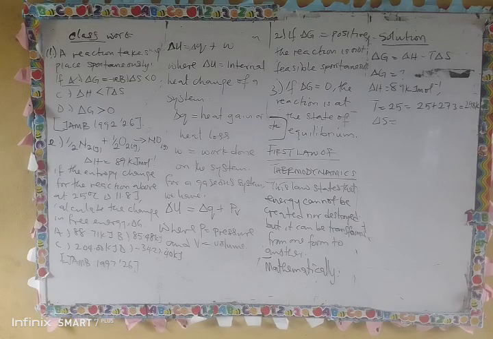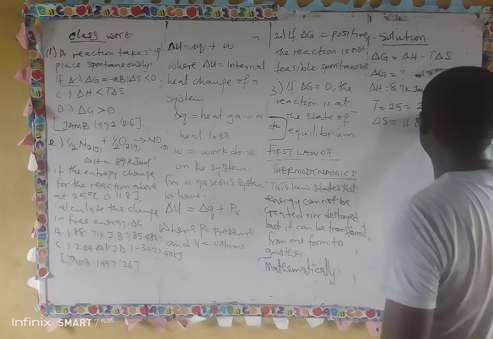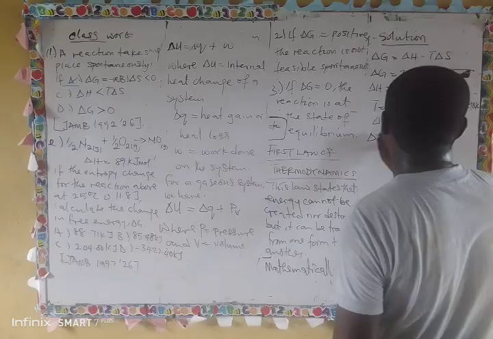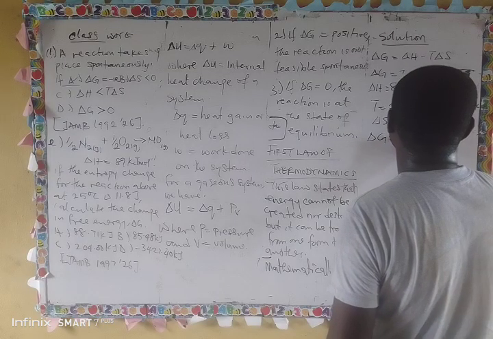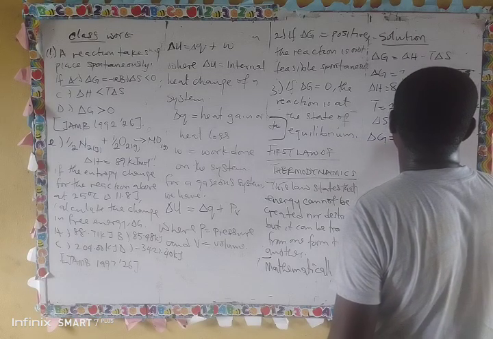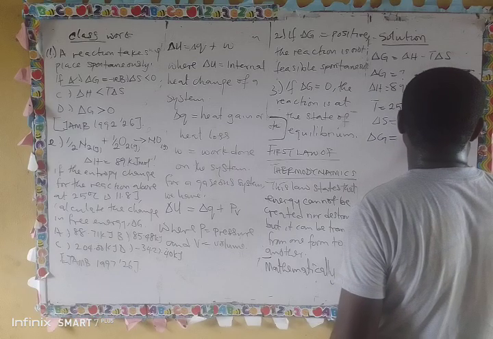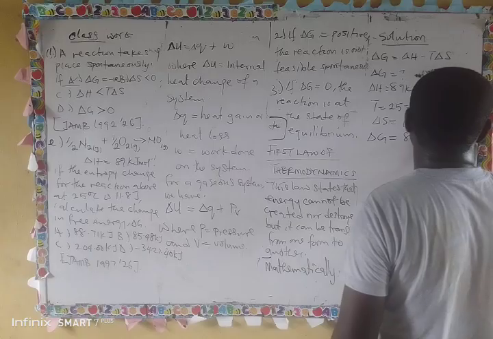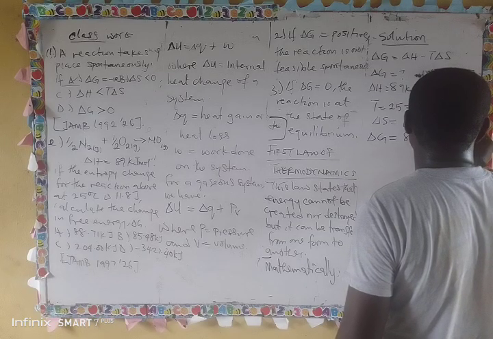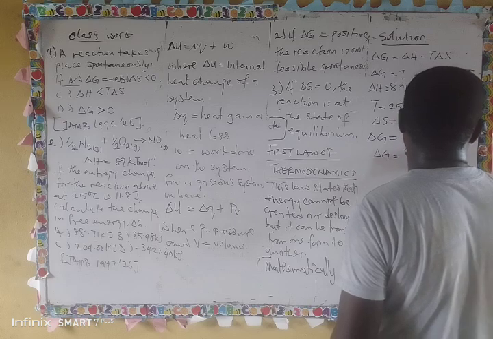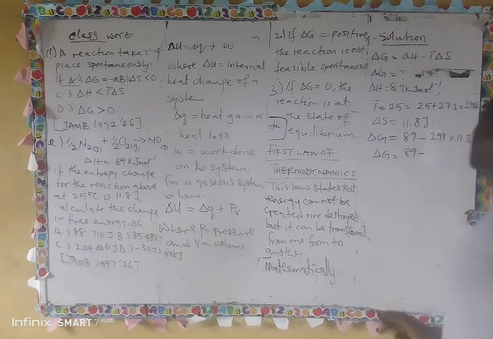11.8, right? 11.8 joule. We can put it in our formula now. Delta G equals our delta H, 89, minus 298, which is temperature, times our entropy, 11.8. So 298 times 11.8 is what?